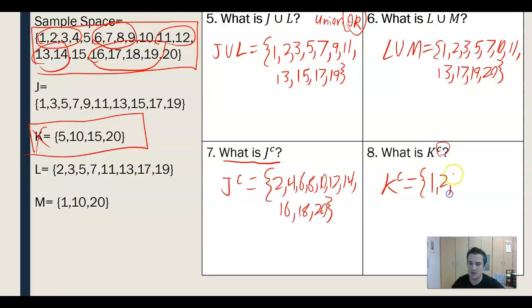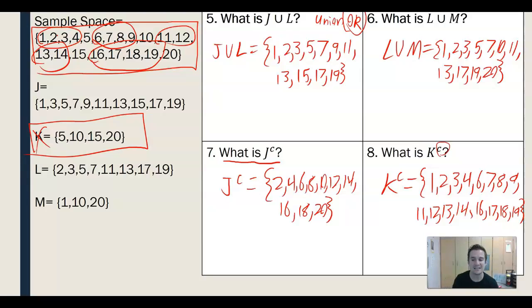I have 1, 2, 3, 4, 6, 7, 8, 9, 11, 12, 13, 14, 16, 17, 18, 19. Those are all the elements in the sample space, but not in set K.